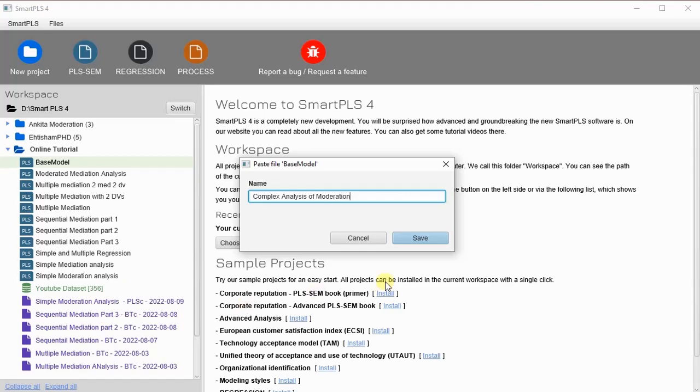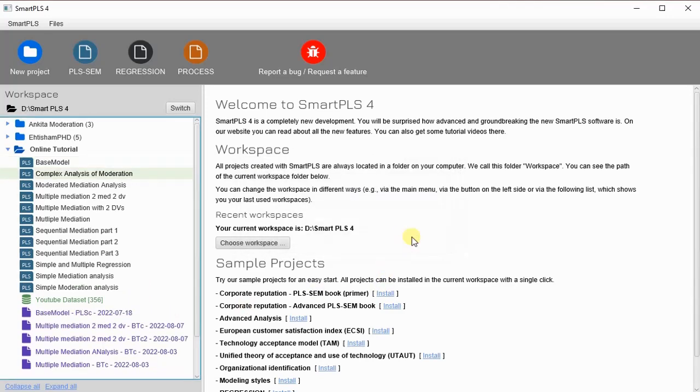It becomes very simple. So the complex analysis and moderation is here.